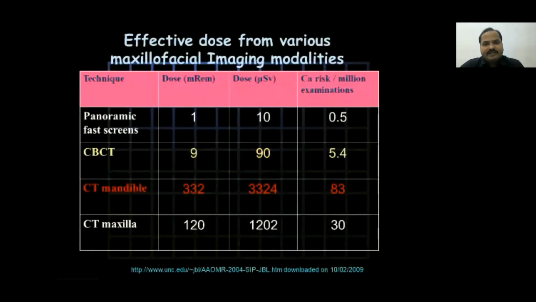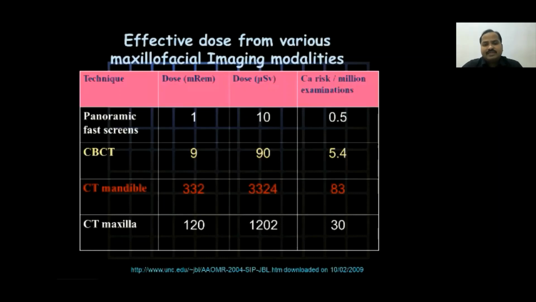Then the effective doses from the various modalities which are utilized show us that CBCT has a much lesser radiation dose to the tissues than CT of the maxilla and mandible, and higher than panoramic screen films.